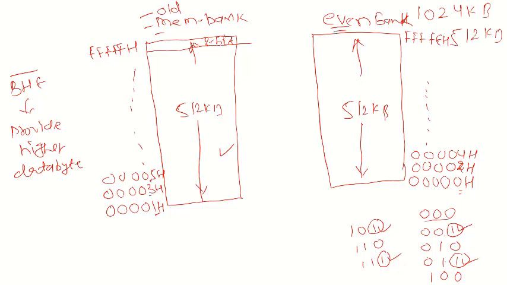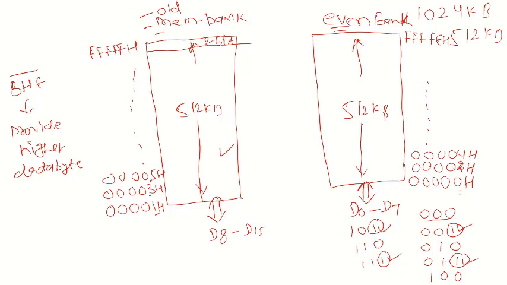So this is the even memory bank, and it is providing us D0 to D7 bits, and this is providing us D8 to D15 bits.